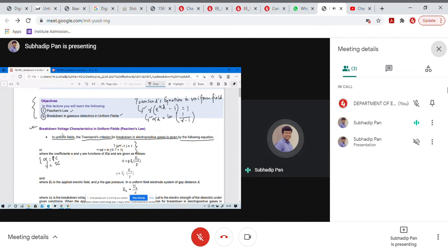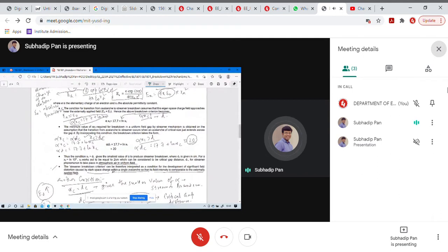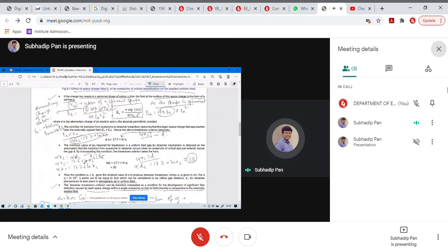These two are functions of E, the electric field intensity, divided by P, where alpha by P is a function of E by P, and lambda is also a function of E by P. So alpha is equal to P times a function of E0 divided by P, where E0 is the electric field, okay.